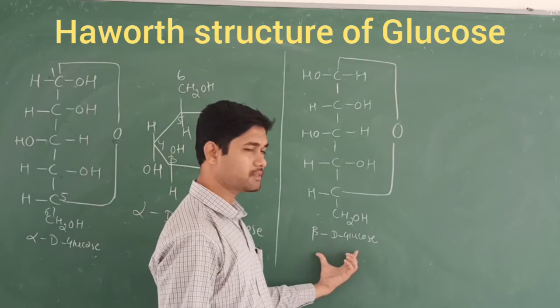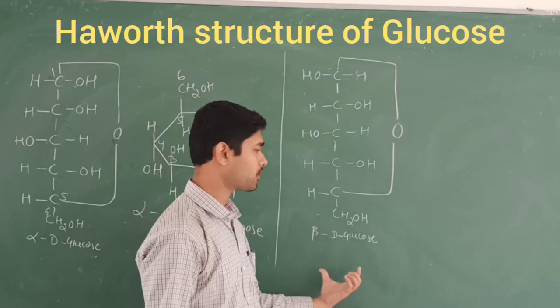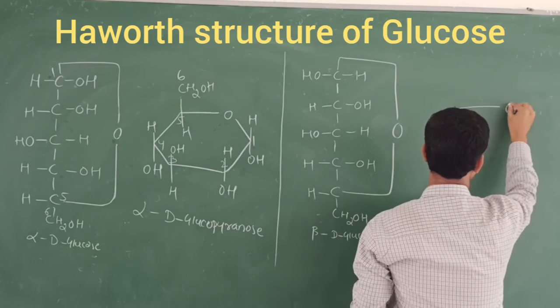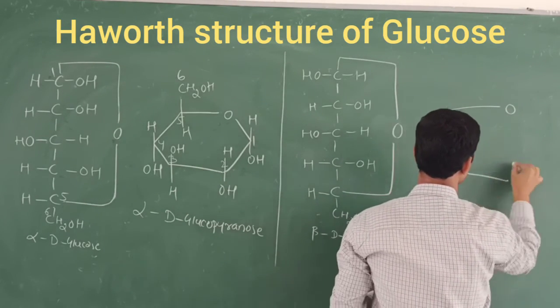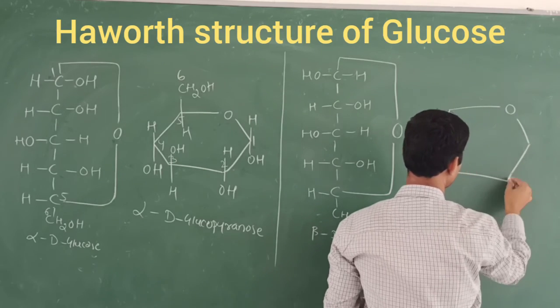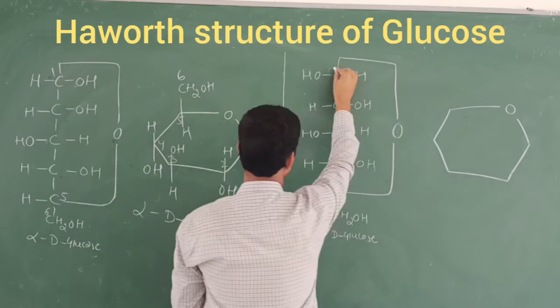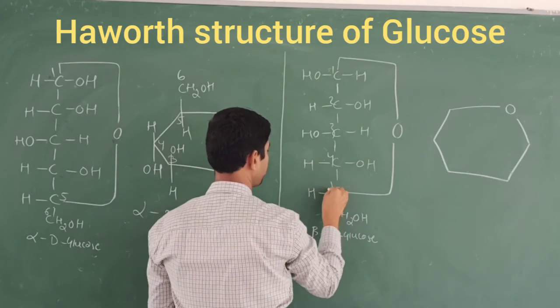Similarly, I am going to convert this picture into the cyclic hemiacetal form of the 6-membered ring. First I write the pyranose, because the carbohydrate contains a 6-membered ring. Here I number 1, 2, 3, 4, 5, 6.